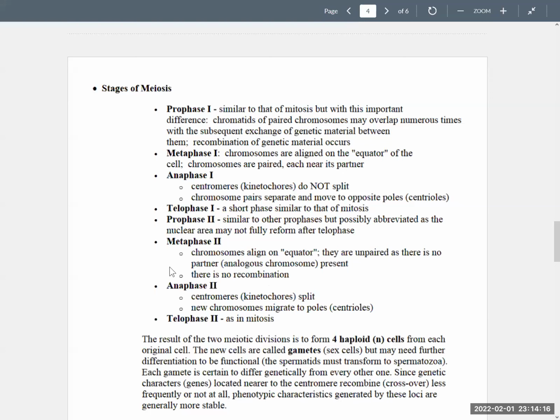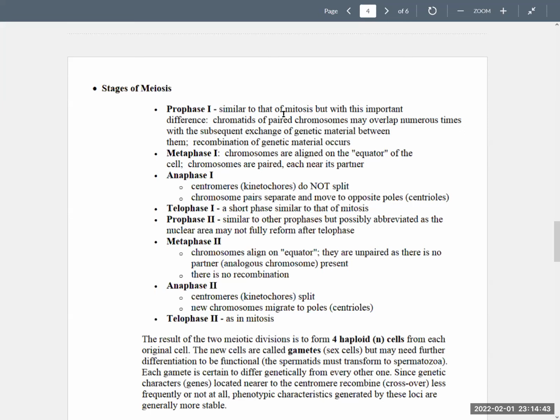Okay, what we're going to look at now then is meiosis. I'll be so happy when we're finished with this. I'm sure you will too. Stages of meiosis. Meiosis is known as reduction division because it is the type of division in which the number of chromosomes is cut in half.